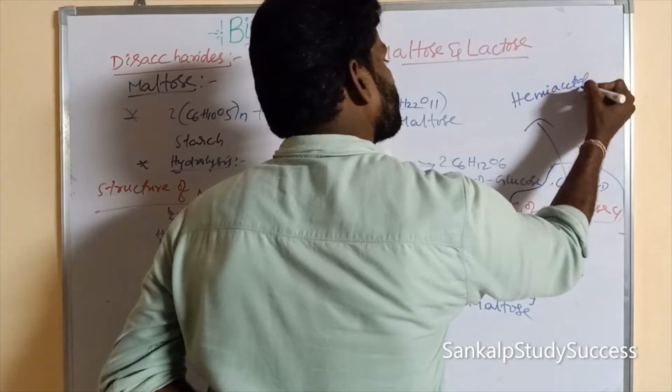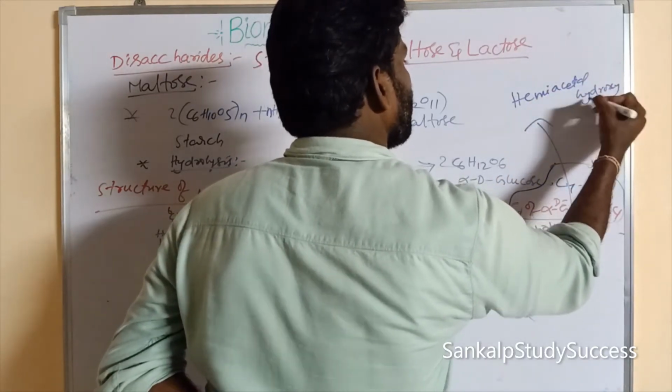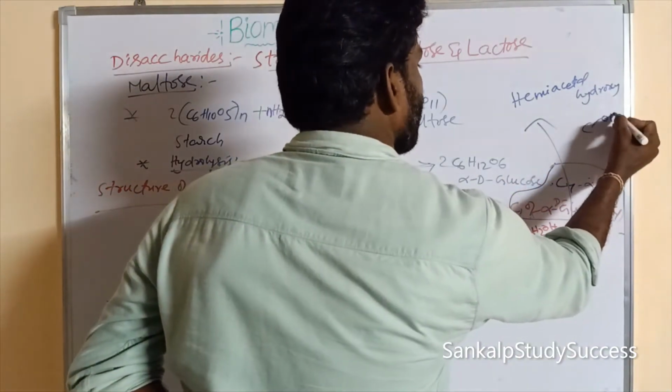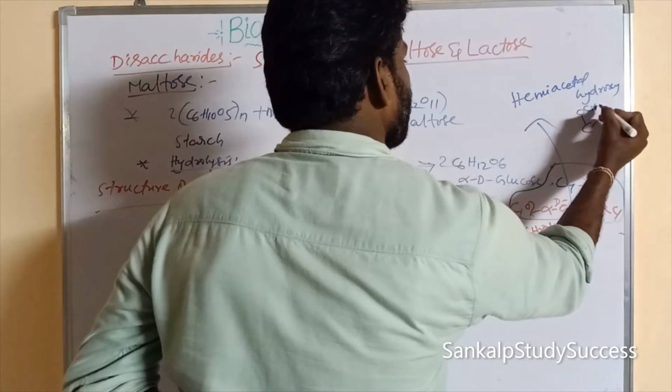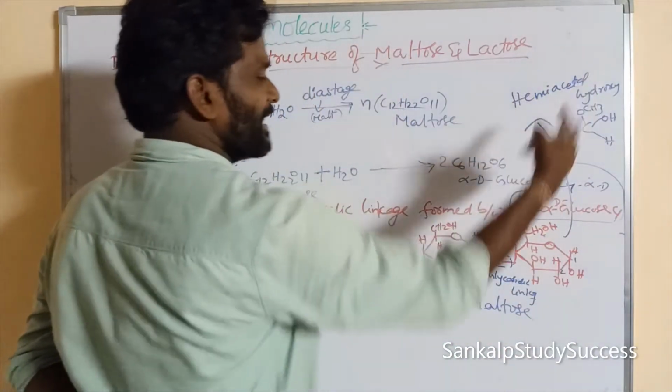So here a hemiacetal hydroxy group is present. What is the formula of the hemiacetal hydroxy? OH, OCH3, CH. So this is the hemiacetal hydroxy group.